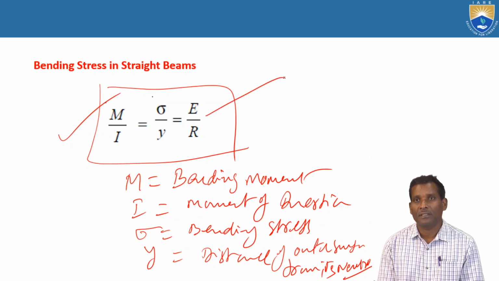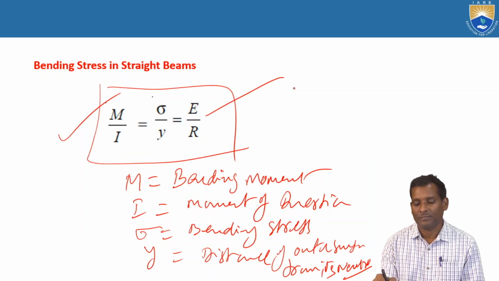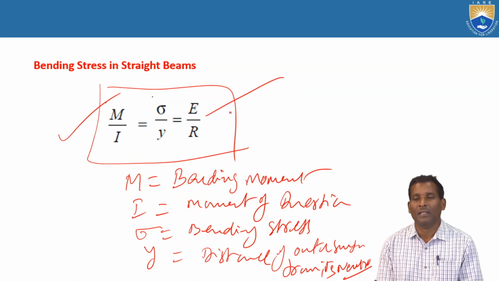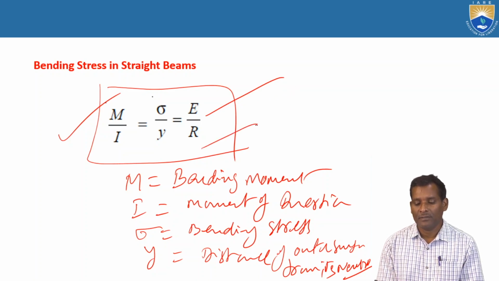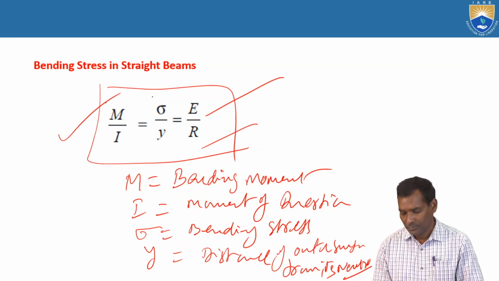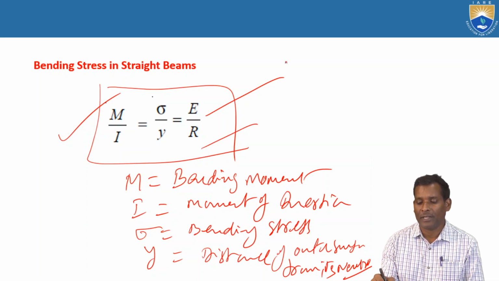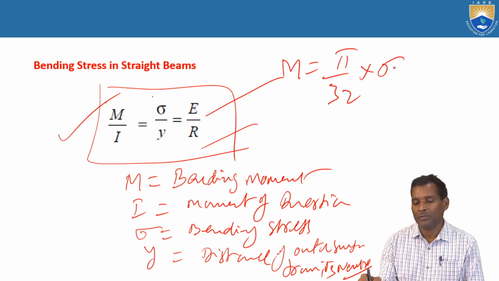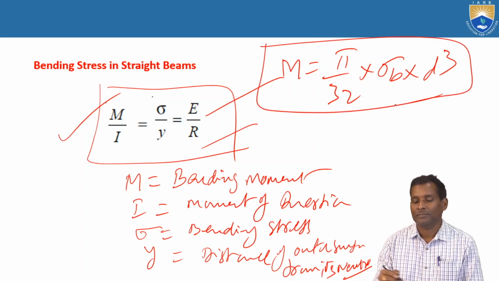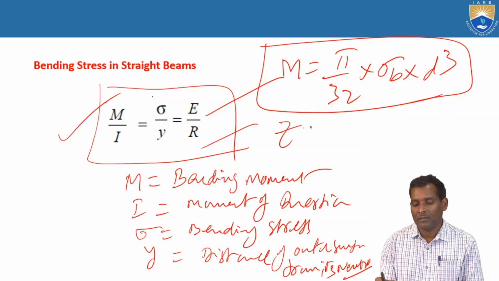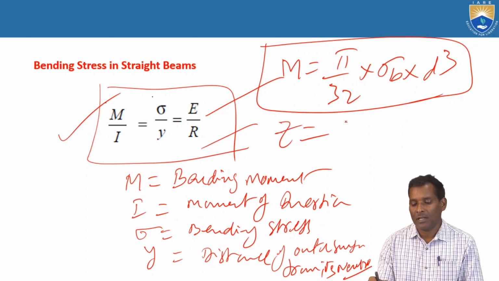Similarly, E is Young's modulus or modulus of elasticity, and R is the radius. By using this bending equation, you may calculate the bending moment, pi by 32 sigma b into d cubed. So you may also calculate the section modulus, I by y.